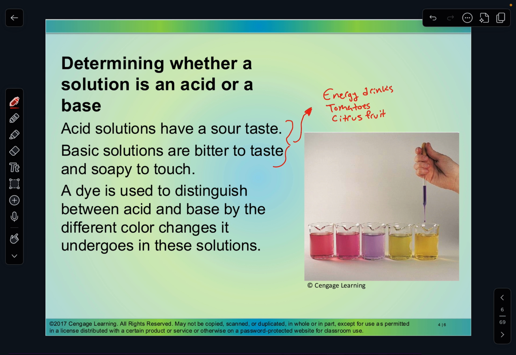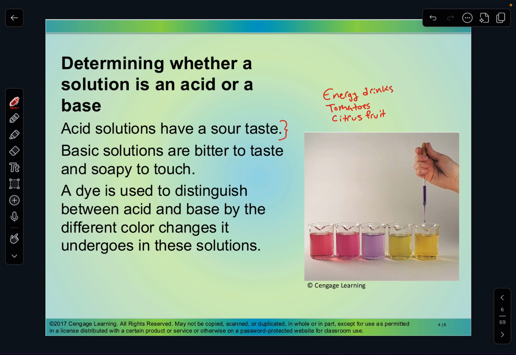Just as an example, those are going to be in energy drinks, tomatoes, and citrus fruits. So these things are going to be acidic.